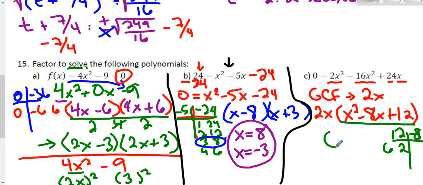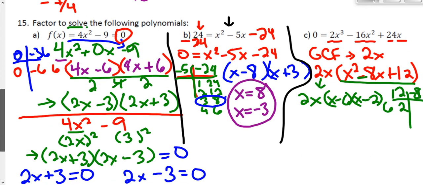So I'm going to use my parentheses here. We're going to have an x, and a 6, and a 2. In order to get a negative 8 and a positive 12, the positive 12 means they have to be the same sign. So to get a negative 8 when I add them, they both have to be negative. And I want to make sure to bring that 2x back down to the front. All right, so 2x times x minus 6 times x minus 2.